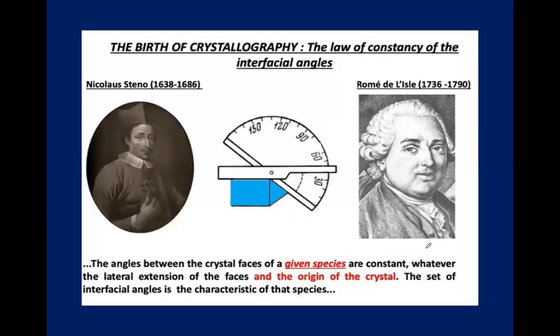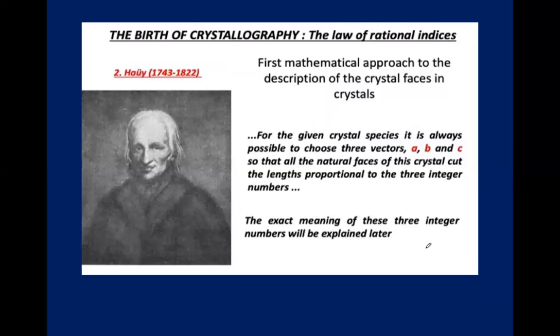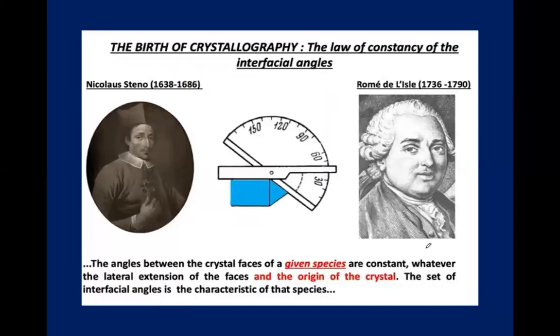Right. So the birth of crystallography: we discussed the scientists who first started research and then found out very important findings, some laws. The law of constancy of interfacial angles.